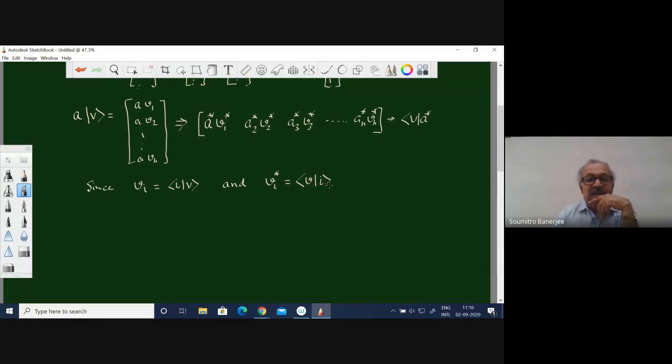And this is something that we learned in the last class. V is the sum over i of the projection operators acting on V. Each one is a projection onto the ith basis vector, and the whole thing put together is the identity operator.